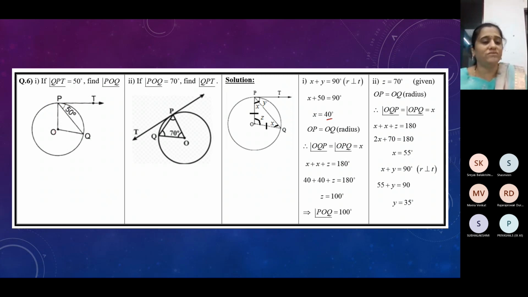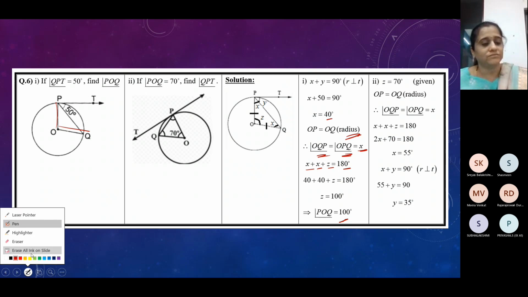Then I've written OP is equal to OQ, radius. So then I've mentioned the two angles equal, which is X I've marked. Then angle sum property, X plus Z is equal to 180. So like this, I've marked X, Y, Z and worked the answer.